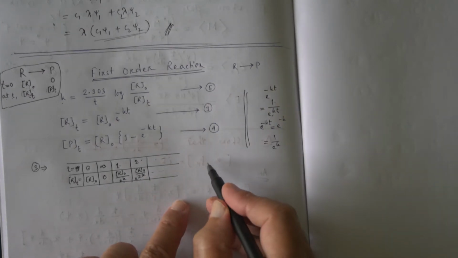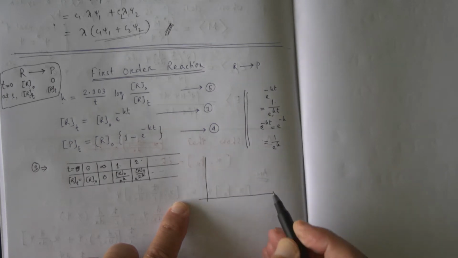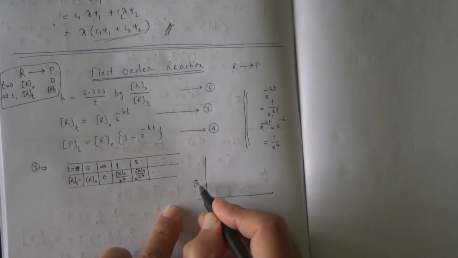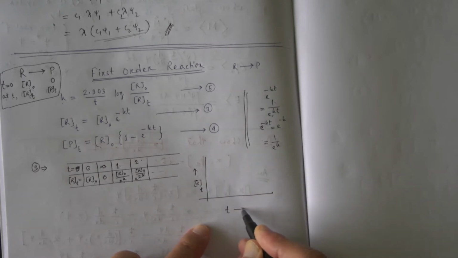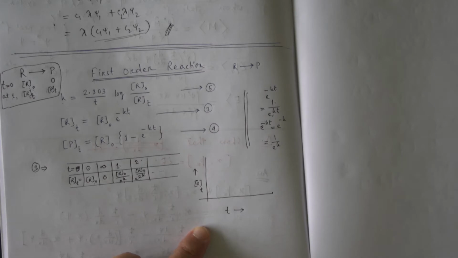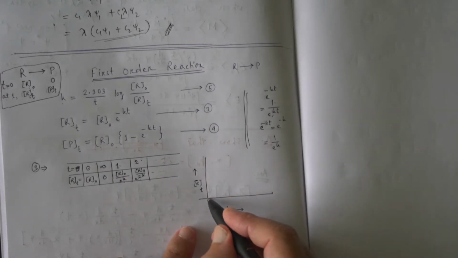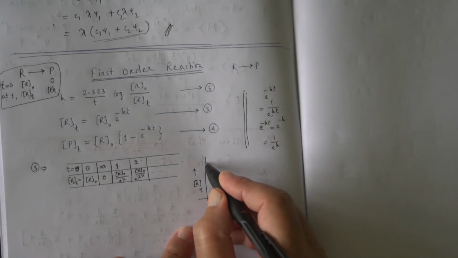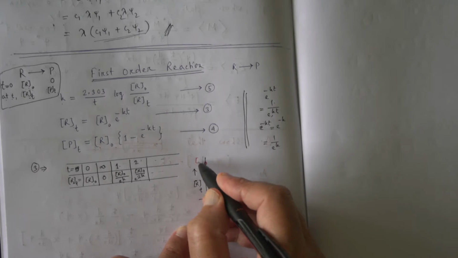Let me show it graphically. This is RT and time. Okay, so you see, when time is 0, this is R naught. Okay, this is R naught.